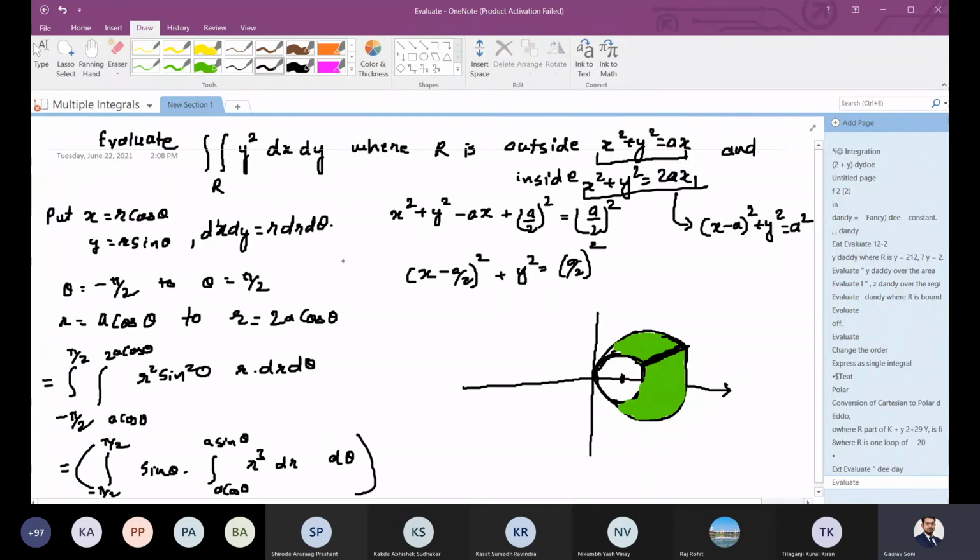First of all, with respect to r, when we solve the integration, minus pi by 2 to plus pi by 2, sine theta, you'll have r raised to 4 upon 4, limits from a cos theta to a cos of theta, later d theta.